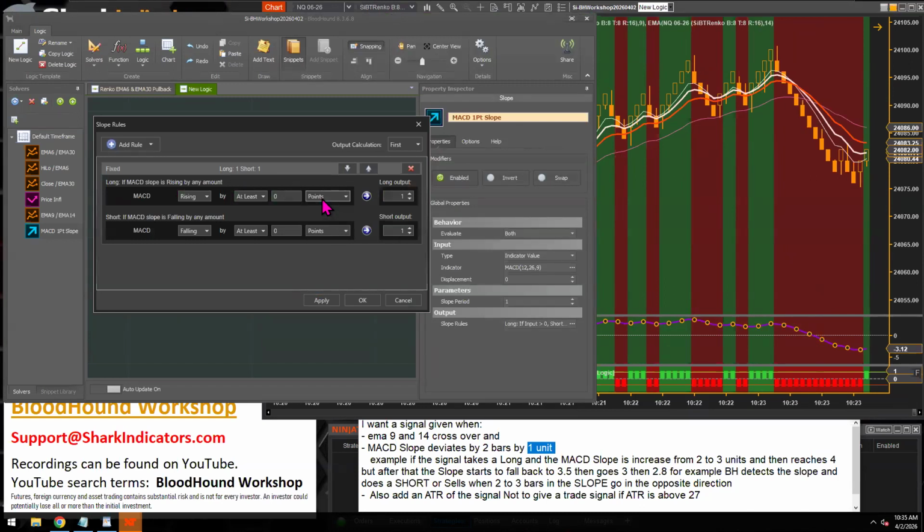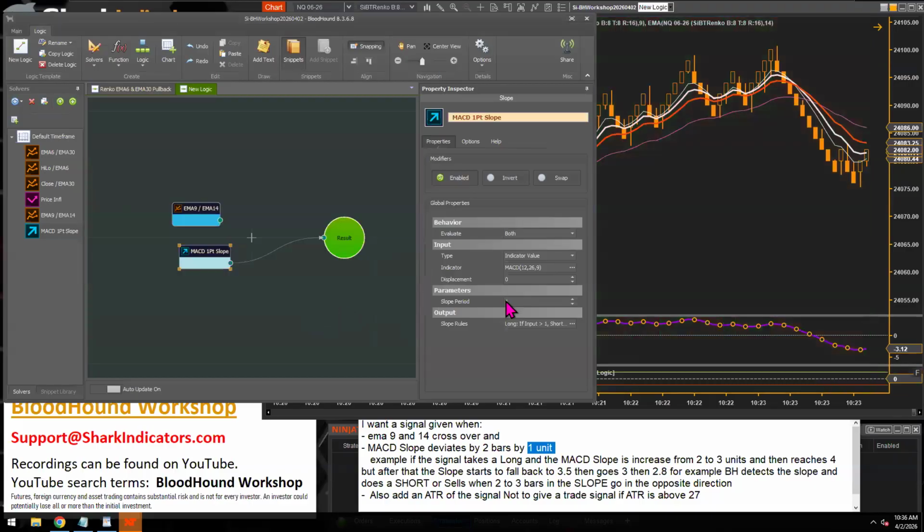So indicators that run inside their own subpanel, indicators that have their own scaling, a 1 unit movement is a point there. So, all right. So we want to make sure that the MACD is rising by at least 1 point, or is the MACD falling by at least 1 point, right? Click OK.